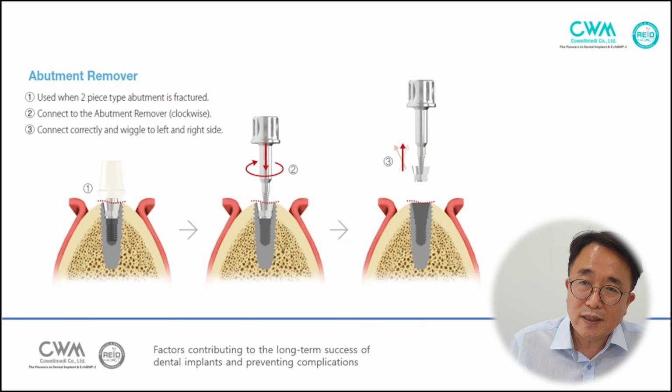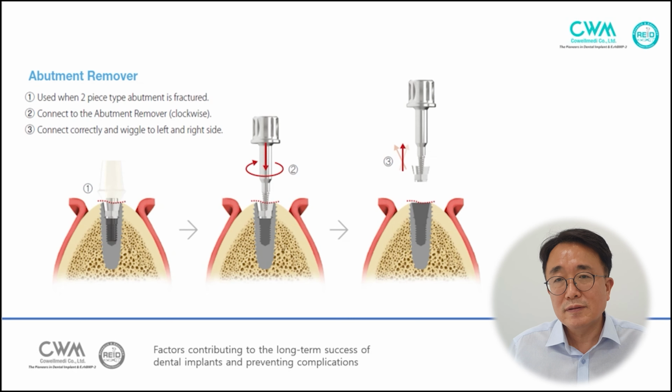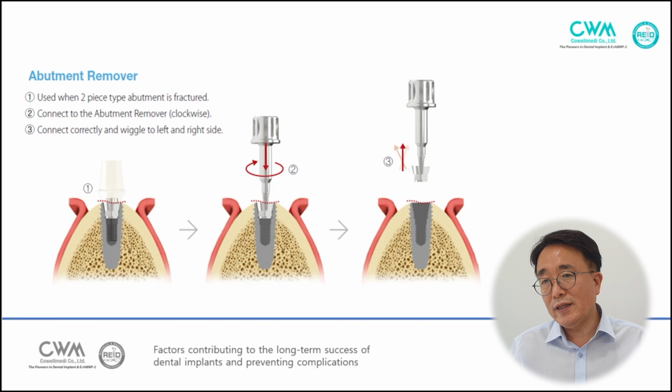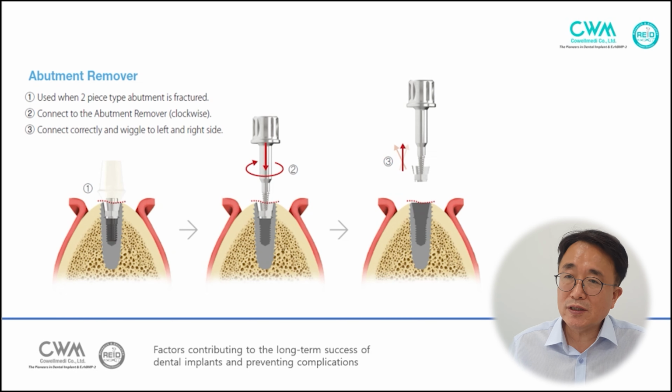The fractured hole of the abutment is connected with the abutment remover ratchet. Counterclockwise torque makes cold welding between fractured abutment and abutment remover.